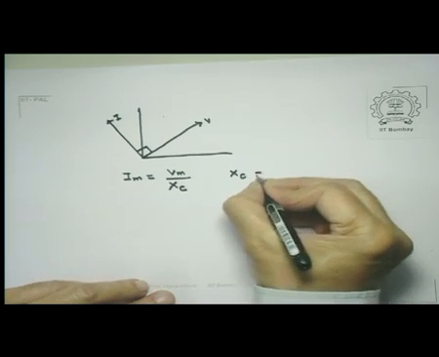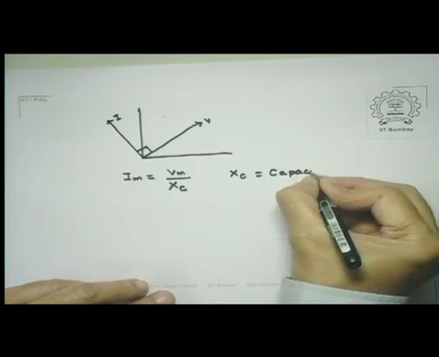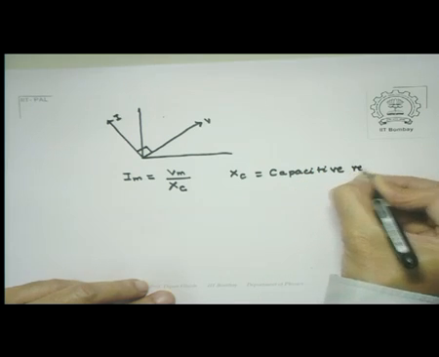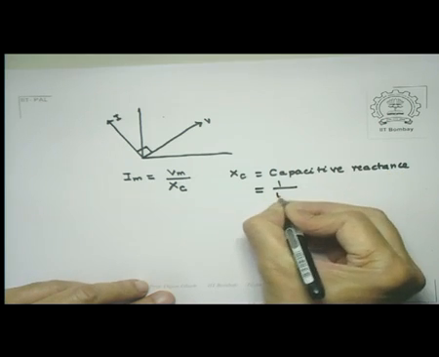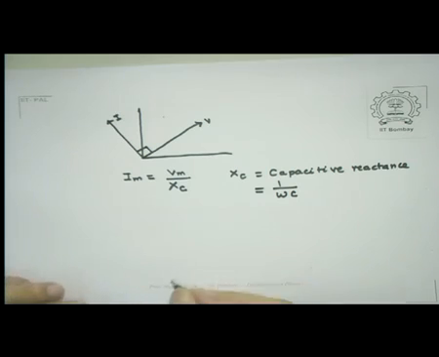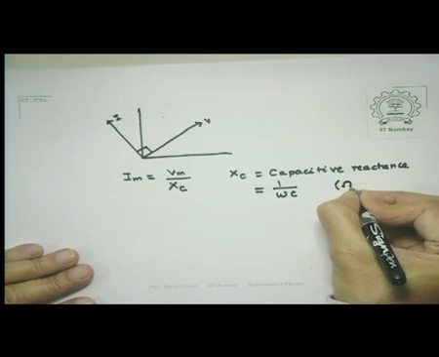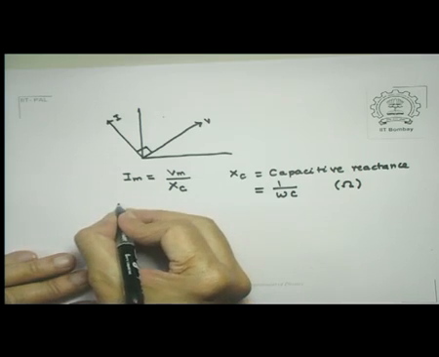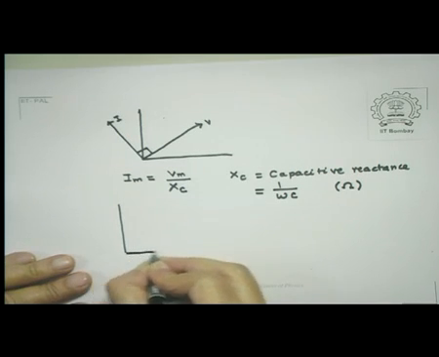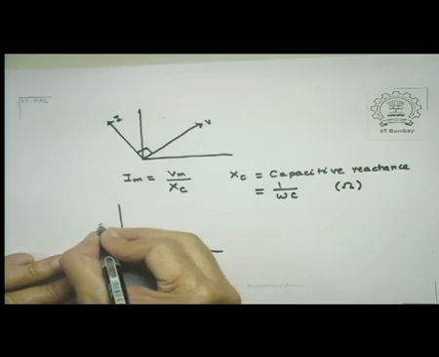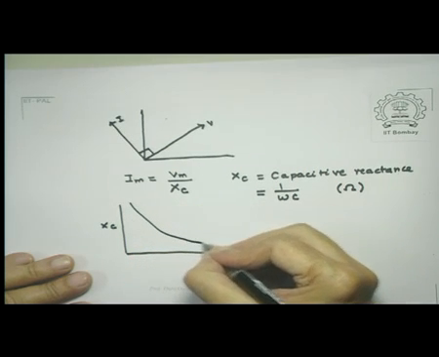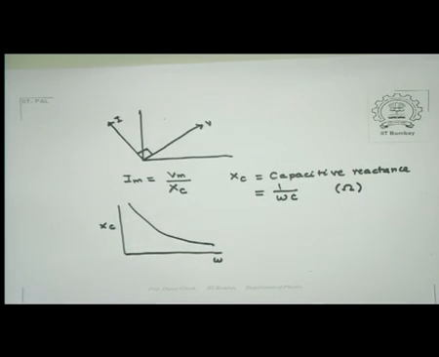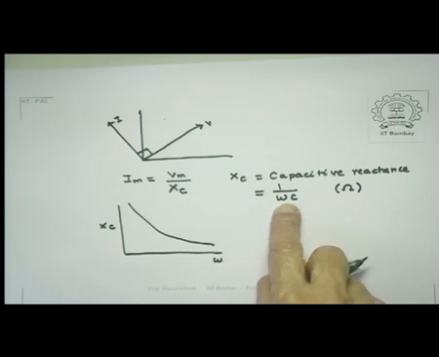So Xc is the capacitive reactance, and that is equal to 1 over omega C. In fact, Xc has the dimension of resistance, that is, it is measured in ohms, and if you plot Xc versus the frequency, this is the way it behaves, because as omega is very large, the reactance goes to 0, and for small omega it starts with an infinite value.